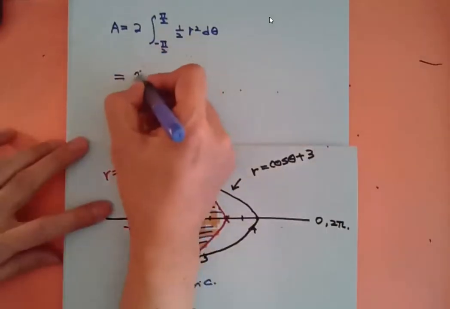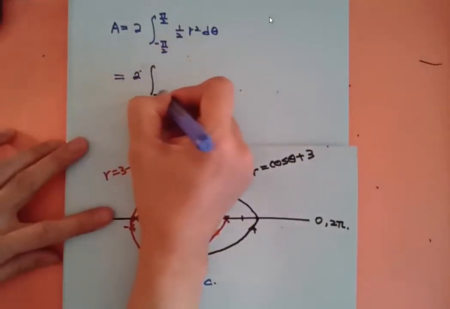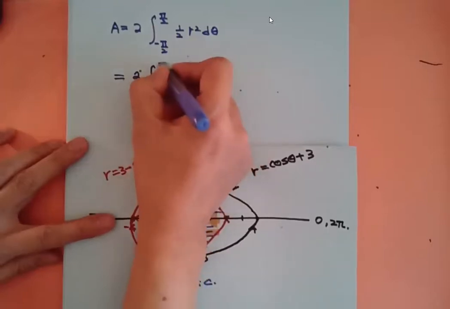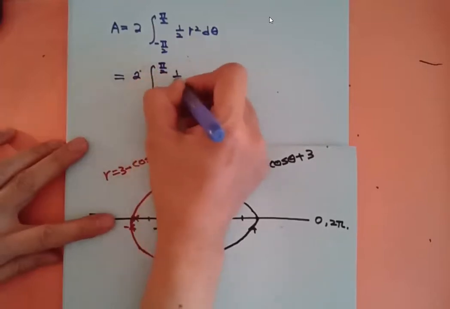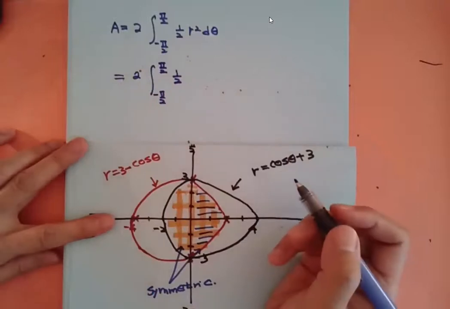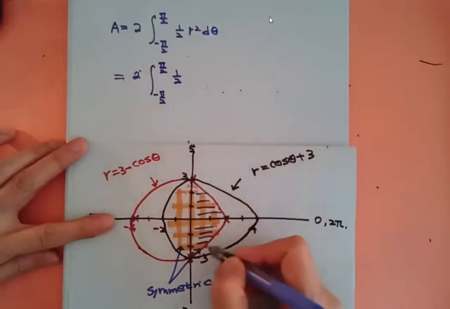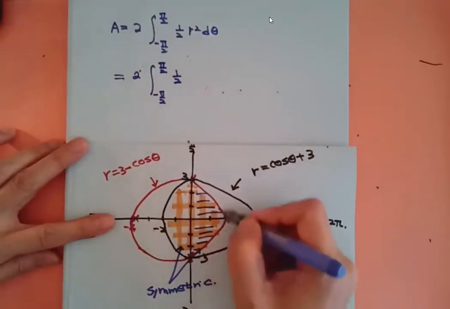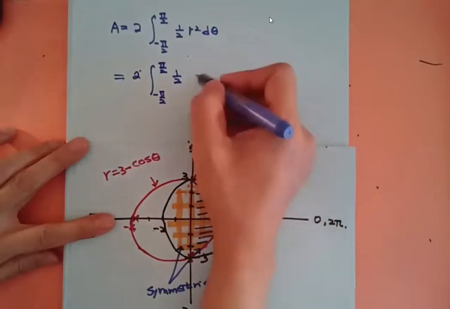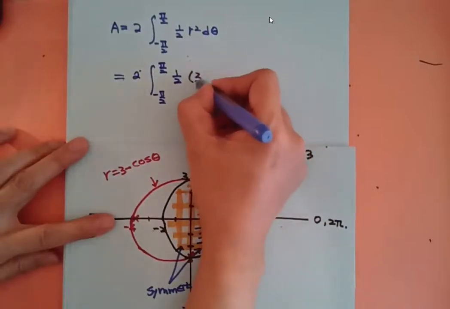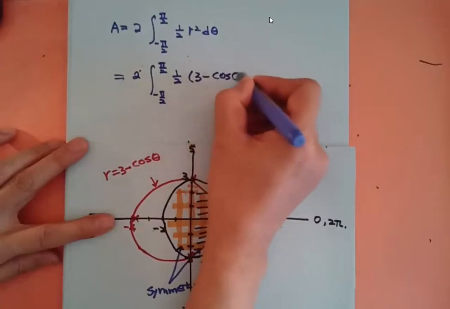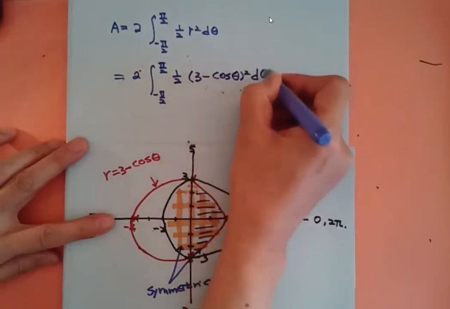So this is 2 times the integral from minus pi over 2 to pi over 2 of 1 over 2 times 3 minus cosine of theta, squared, d theta.